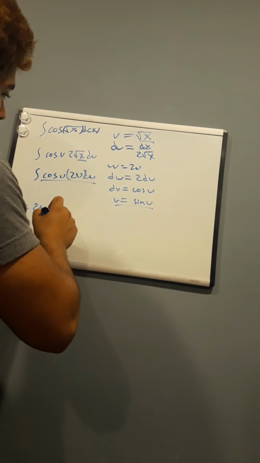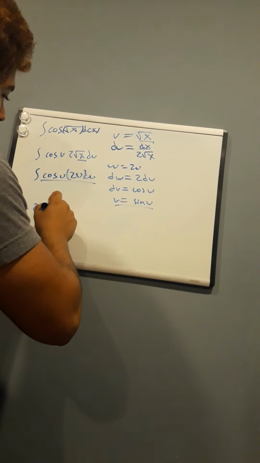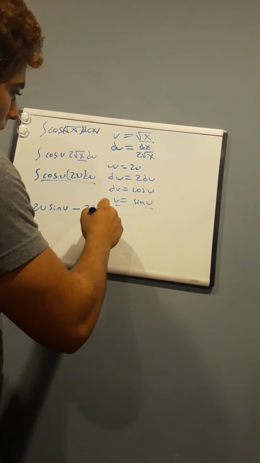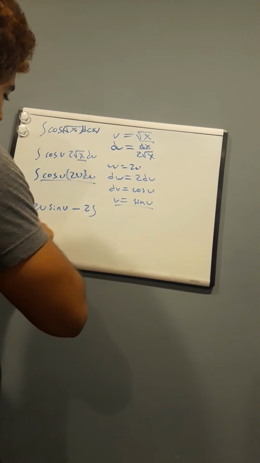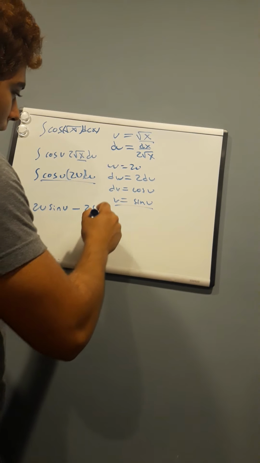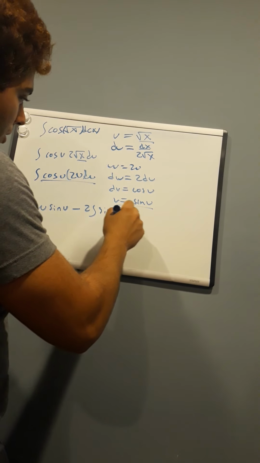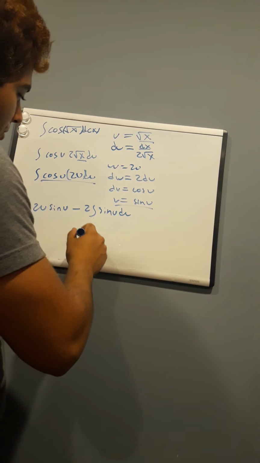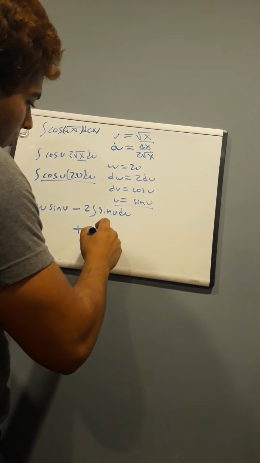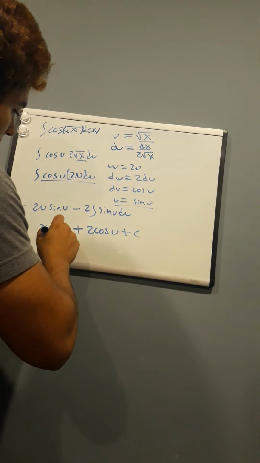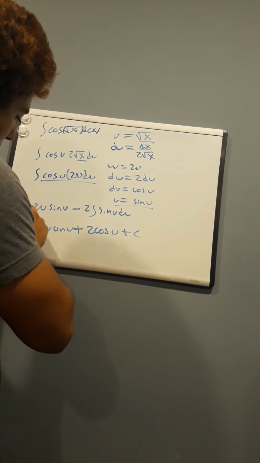2u times sine u minus 2 times the integral of sine u du. We kind of know what this is already. This is pretty straightforward. So plus 2 cosine u plus c, 2u sine u.